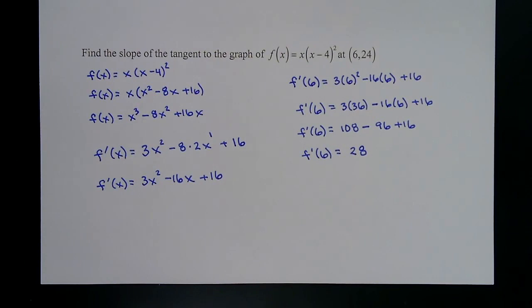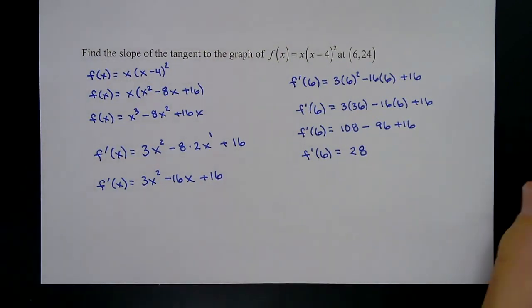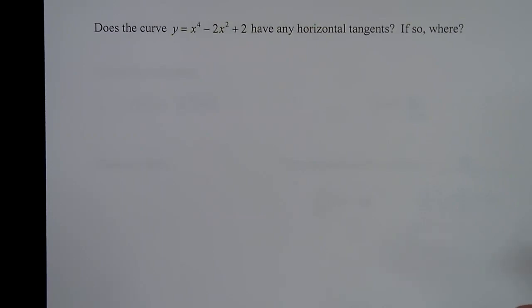All right, let's go and do some other problems, some more thinking problems. So for this next problem, they're asking you, does the curve y equals x to the fourth minus 2x squared plus 2 have any horizontal tangents? If so, where? So how do you find a horizontal tangent? What's special about a horizontal tangent?